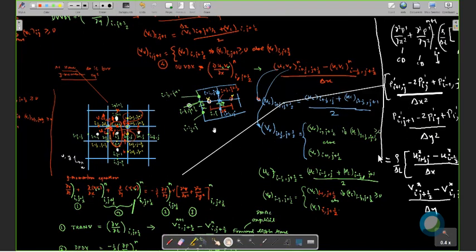Whenever you are calculating this part, you have to be very careful in the sense that you should be able to refer to this diagram.